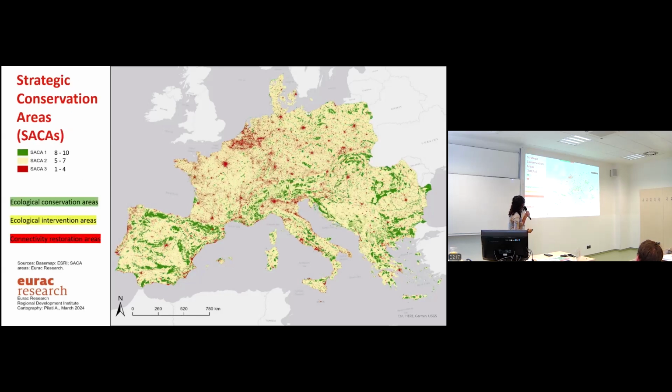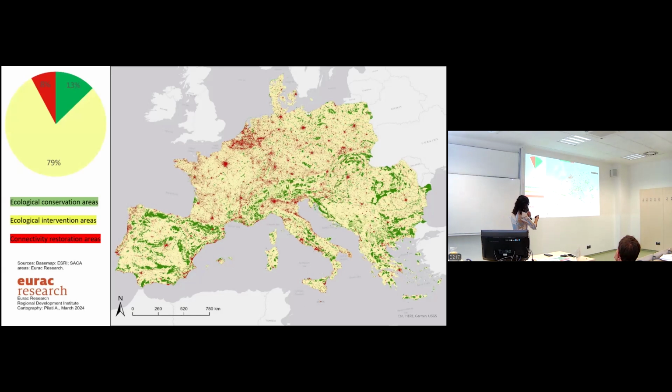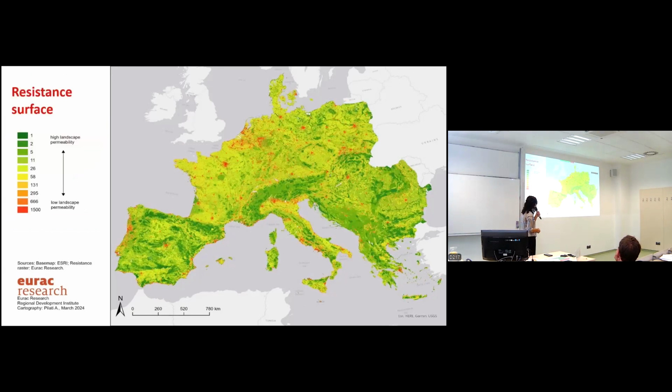The SACA 1, which are the most permeable, have values from 8 to 10. Then the SACA 2, the ecological intervention areas, the yellow area, from 5 to 7. And the SACA 3, called connectivity restoration areas, which are considered the main barriers. This is the proportion of these 3 kinds of areas.